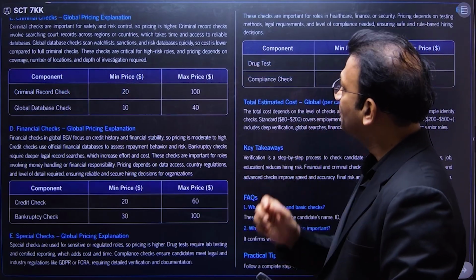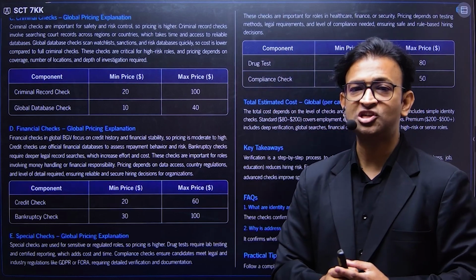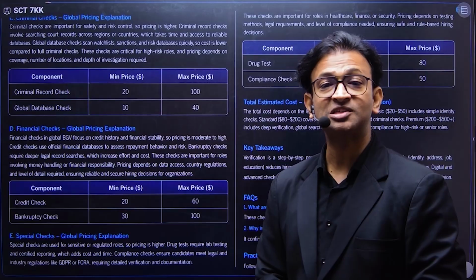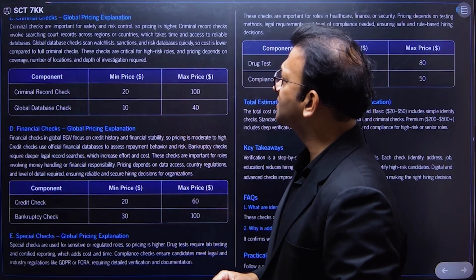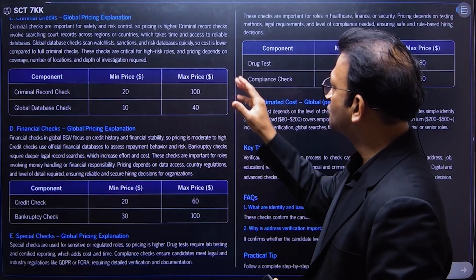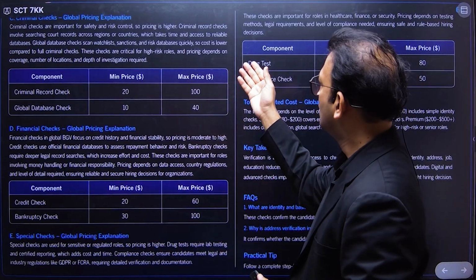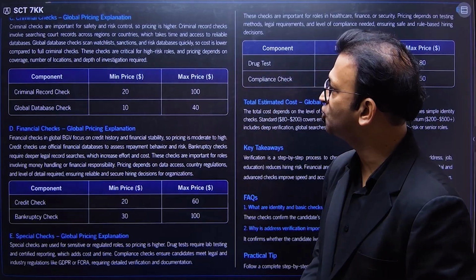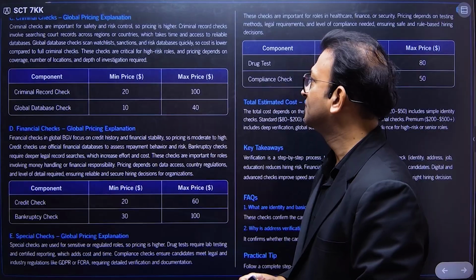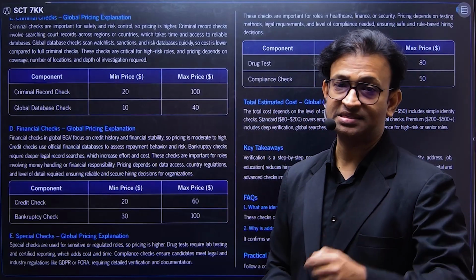Okay, now moving on to one of the most important checks in the global BGV pricing, which is criminal checks, global pricing explanation. Criminal checks are very important for safety and risk control, so pricing is logically higher. Criminal record checks involve searching court records across different regions and countries, which takes time and access to reliable databases.